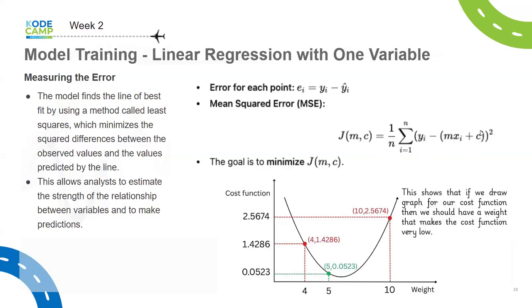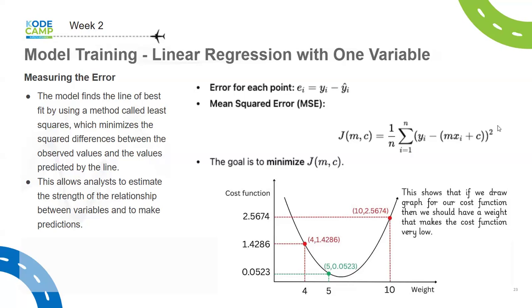We square each error because we don't want the negative and positive values to cancel each other out. We sum it, this summation sign being for each data point. So this is now a mathematical formulation of what I just showed you.